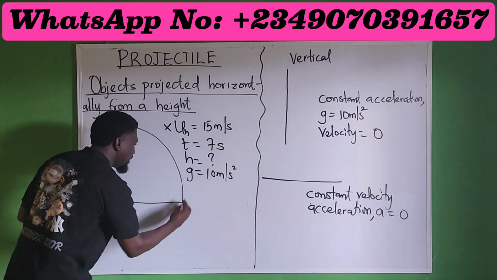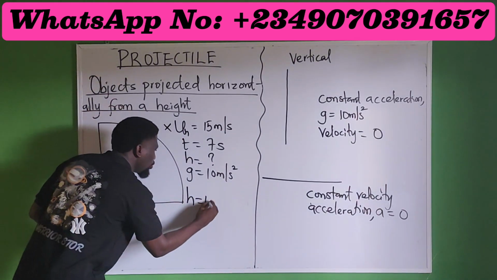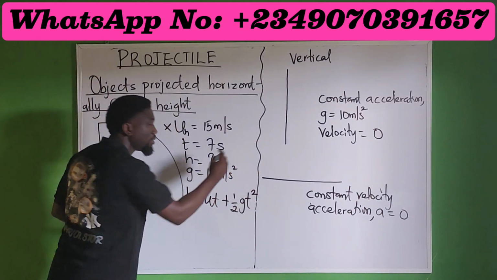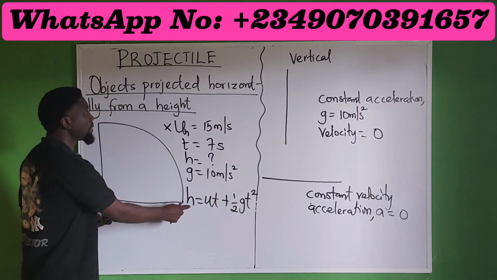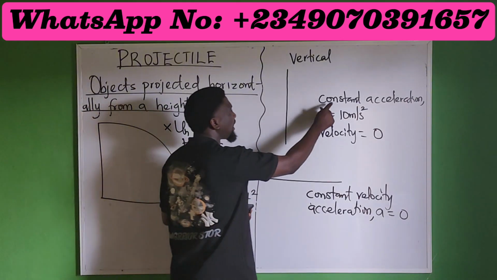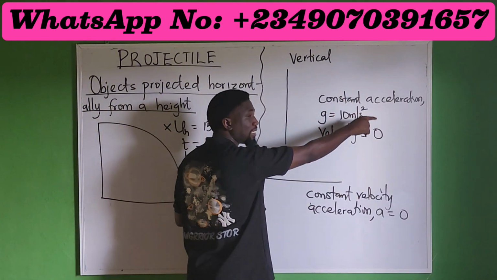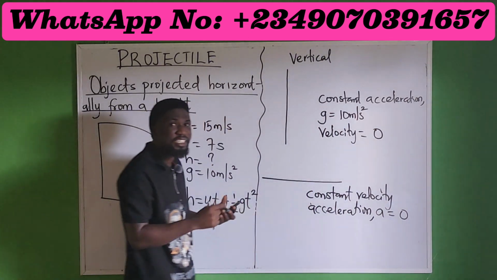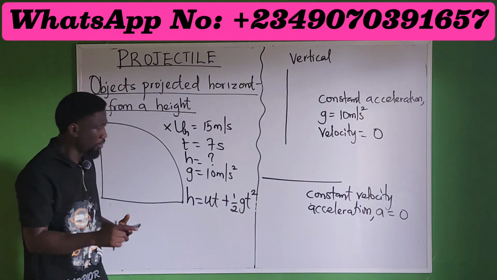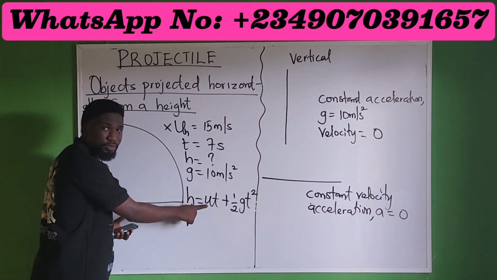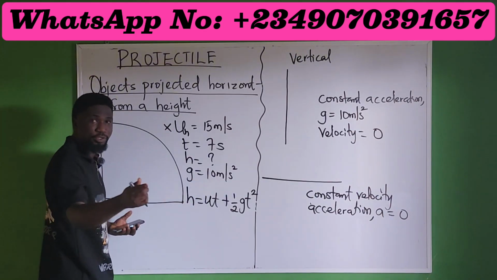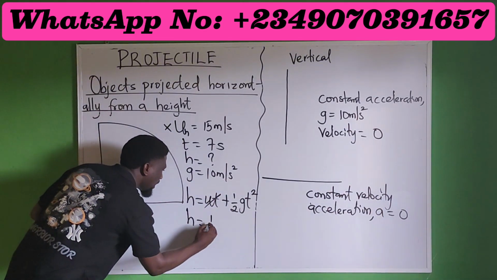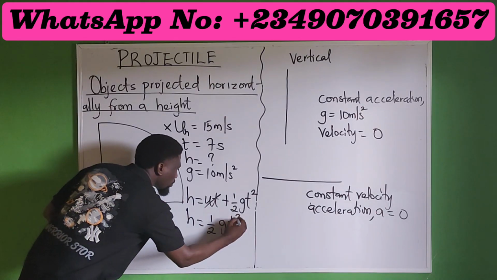To get this, h will give us ut plus half gt squared. We said for the vertical that there's constant acceleration, where g is 10 meters per second squared, and the initial velocity is 0. So this u here is 0, and 0 times t is cancelled. So h is half gt squared.